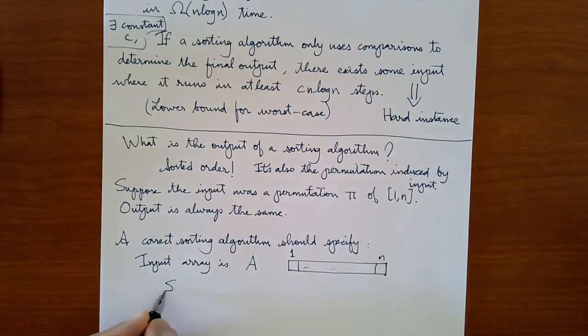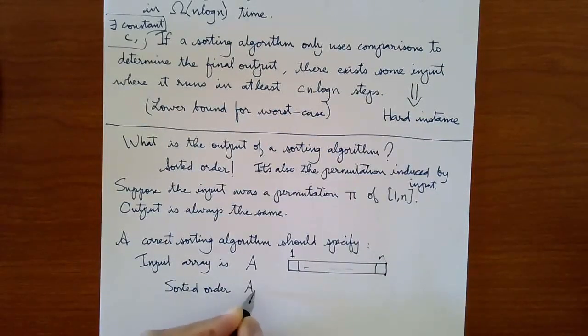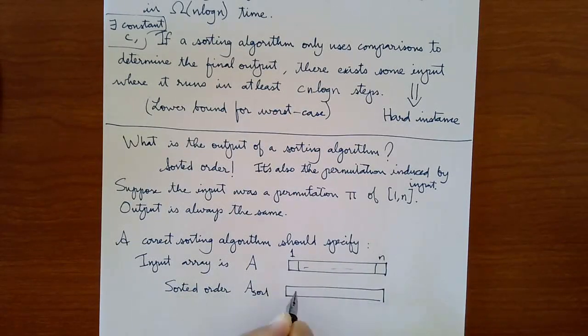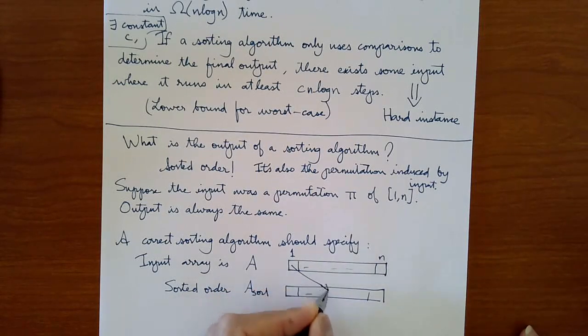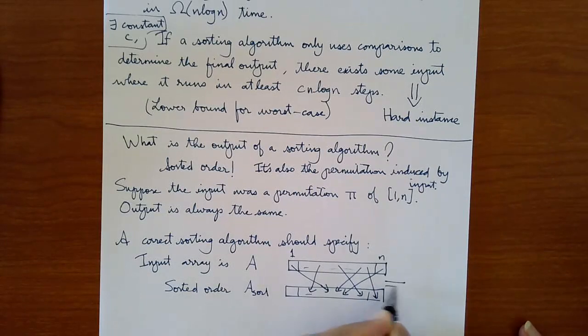So the sorted order, which I'll call A sort, is something else, where we could think of all the initial indices as having been moved somewhere. What you have over here is a permutation.